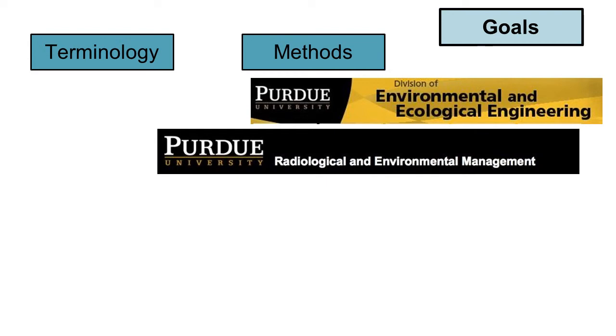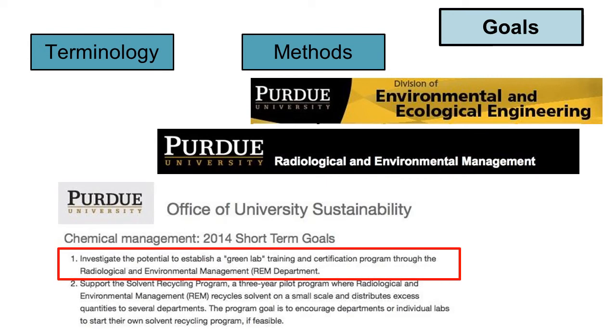So your help could contribute to a program that Purdue's Office of Sustainability is already working to implement, which is, as you can see from their 2014 short-term goals, to establish a Green Lab training and certification program. Your help could go on to persist at Purdue, even past your stay. So thank you so much for all of your help and cooperation.